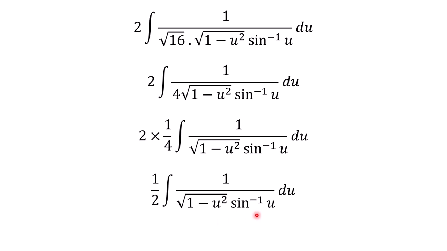And here is the case we are having sine inverse of u here. So it has made the problem very simple for us to solve, because if the integral of this one gives us sine inverse of u, when we reverse sine inverse of u, you are going to get the same thing as this. So how are you going to reverse sine inverse of u?